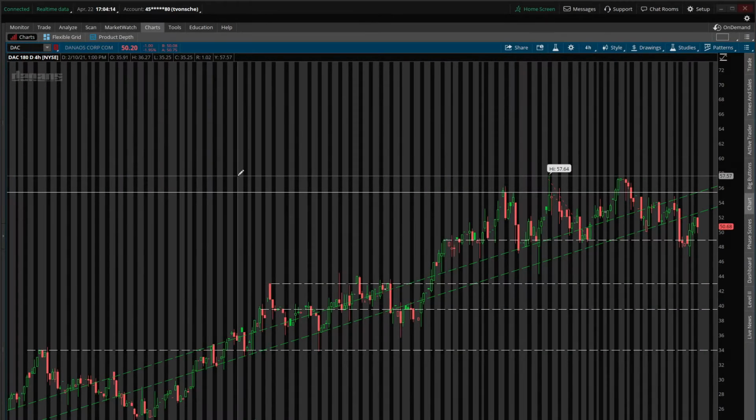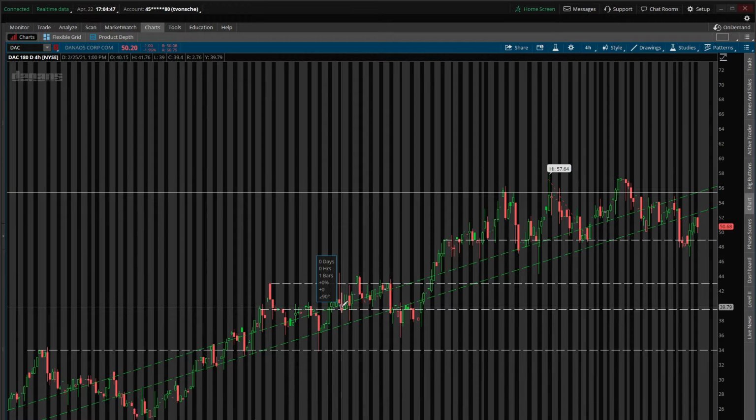Alright, let's take a look at the chart. Here's the chart for Danaos. DAC is the ticker symbol. We're on a 4-hour, 180-day chart here. When I did the last video, it was February 25th, so we were right around $40 or so.